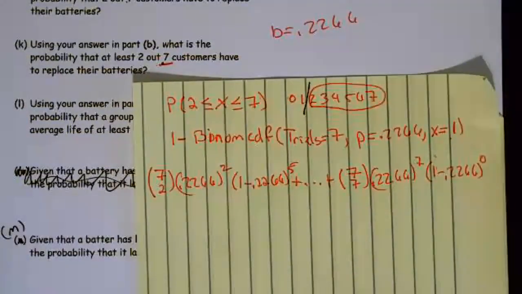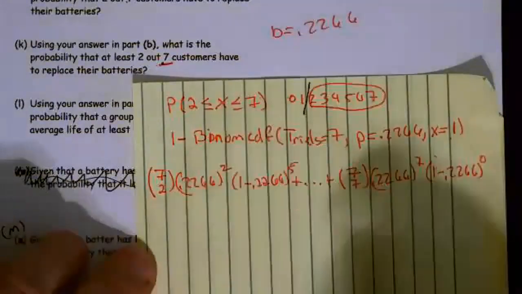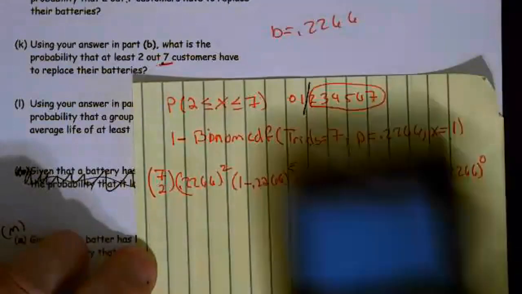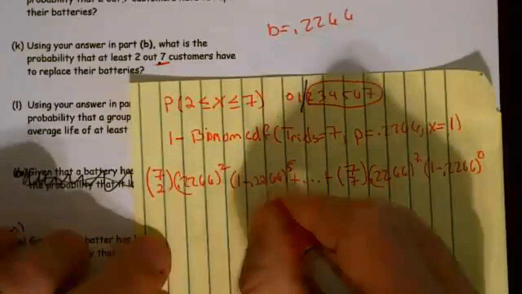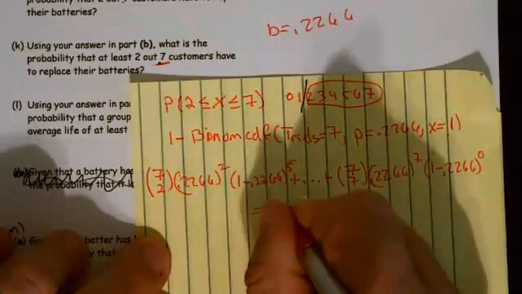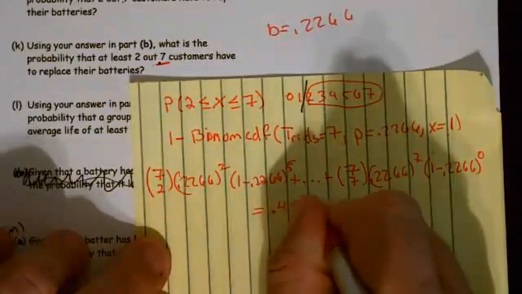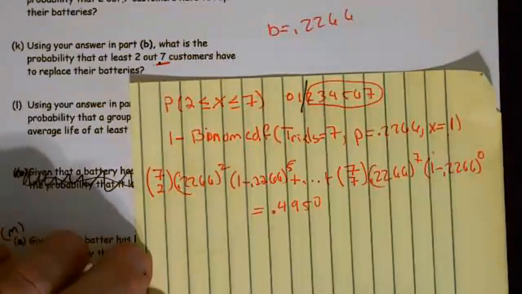All right. So that's one way to have done it. You could have shown it this way, and that equals 0.4950. All right, that's a good way to have shown it.